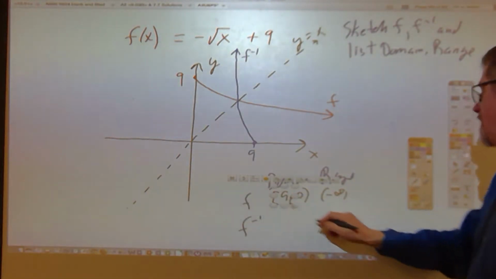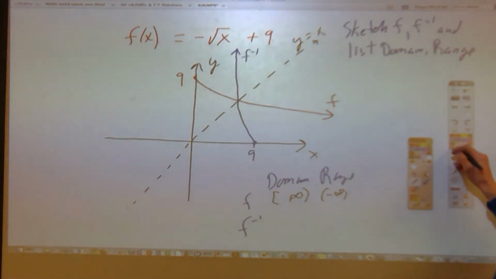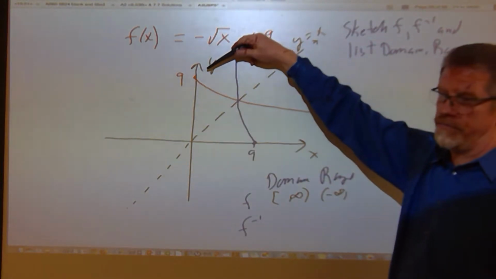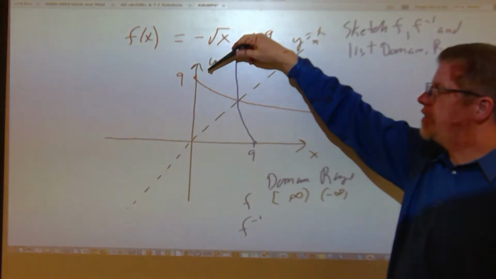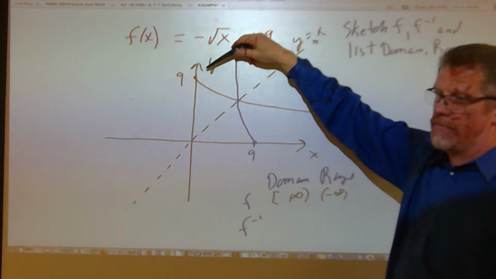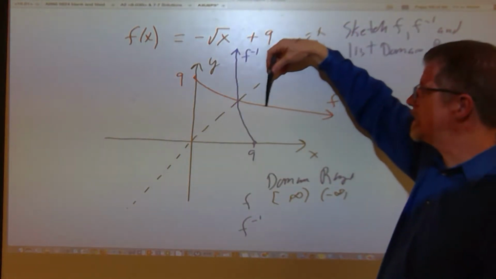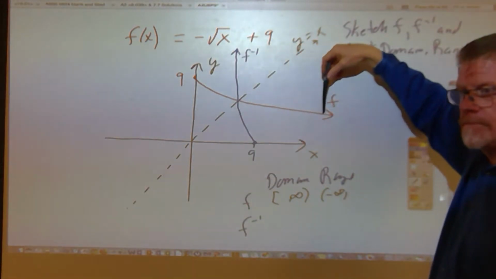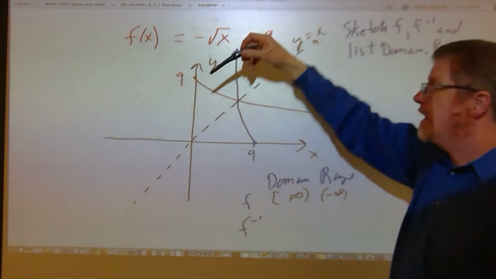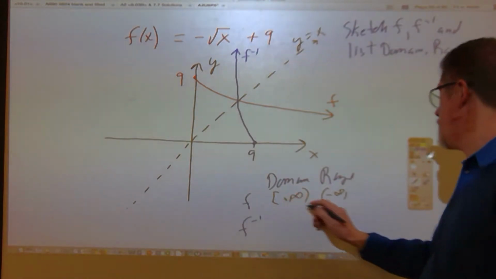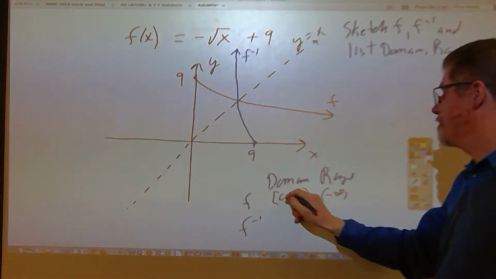What's the least of all the x coordinates that you see in the red graph? No, there's one lower than 9. Think x coordinates. What's the least of all the x coordinates on this red graph? 0 is correct. So the domain is 0 to infinity.